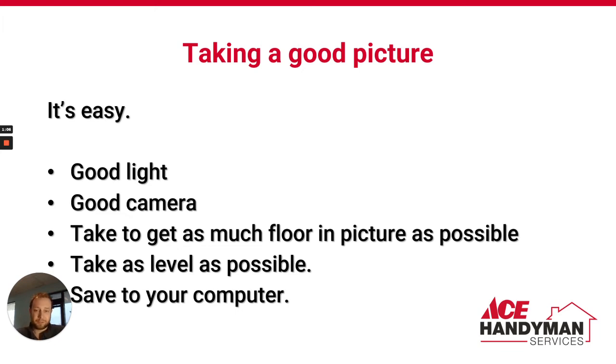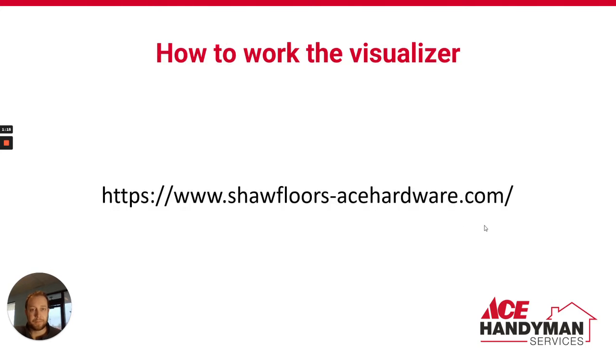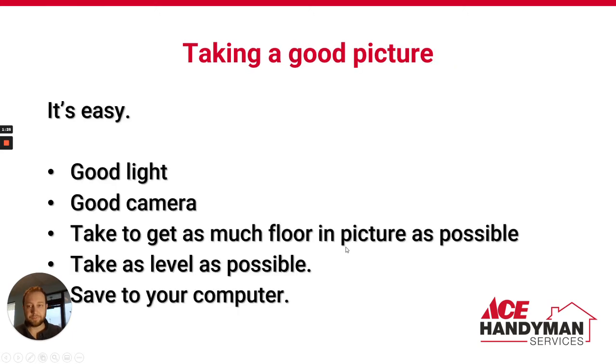You can do it from your phone or your iPad through the website, but this is all going to be through a computer. So how you do that, you go to this website, shawfloors-acehardware.com, and I am going to step over to that.